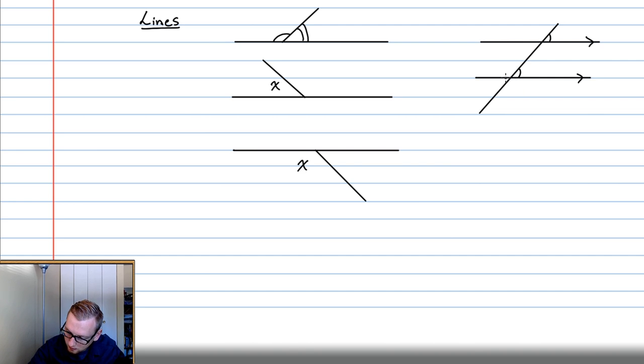This angle here would be congruent to this angle. This is angle A, this is angle B, A plus B is 180 because it's a straight line. A whole bunch of stuff like that.